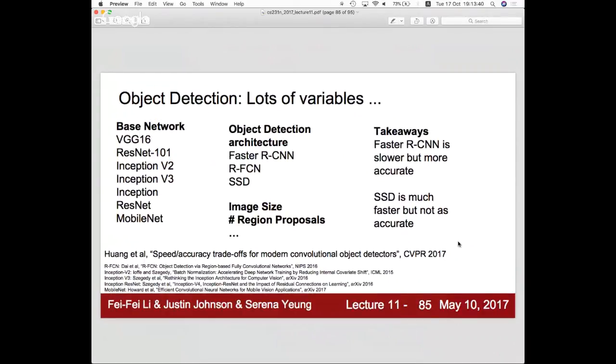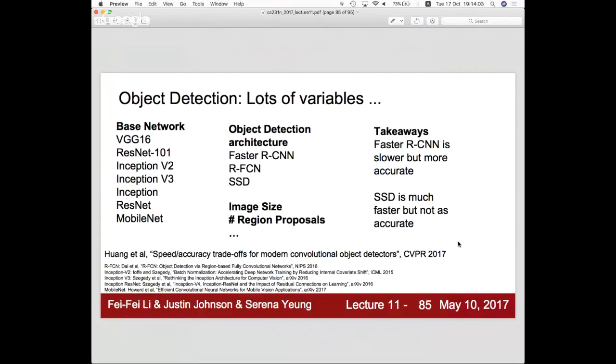So you can try different base networks to get different results. And then the next thing is we need to determine the object detection architecture, whether to use Faster R-CNN, SSD, or YOLO. And this one is R-FCN, which is kind of a hybrid of region-based and SSD. It's a region-based fully convolutional network.